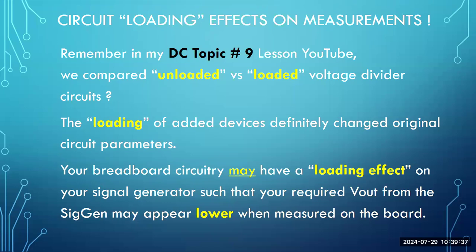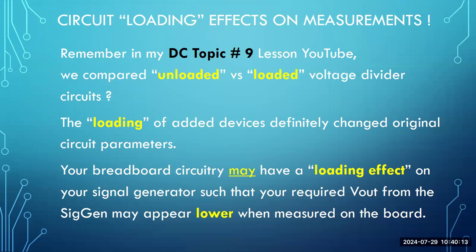In a previous DC topic number 9 lesson, we compared loaded circuits versus unloaded circuits, an unloaded versus a loaded voltage divider. If you don't recall those terms, or you've seen the video but didn't write the information down in your journal, take a moment and go back and review loaded versus unloaded voltage dividers. A very important consideration, because we're going to see this when we hook up our oscilloscopes to our circuitry.